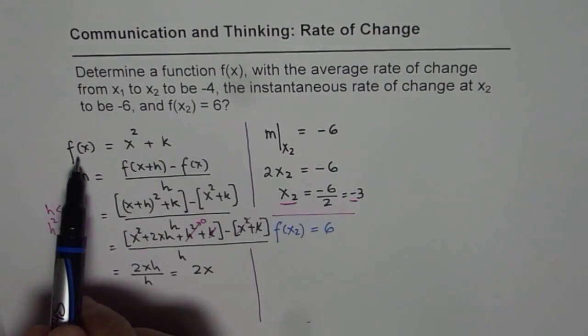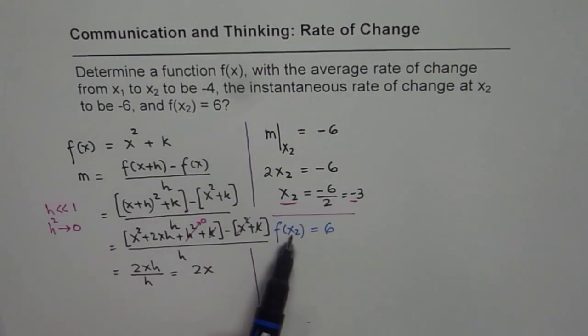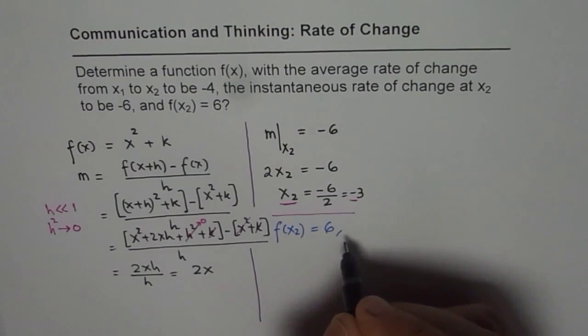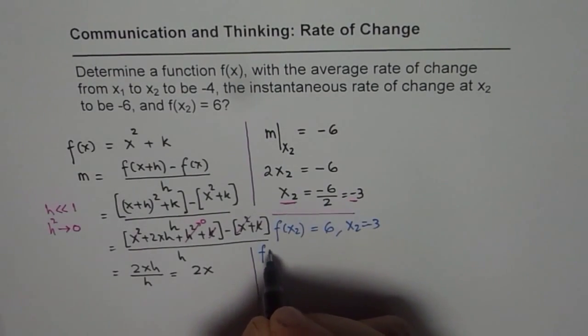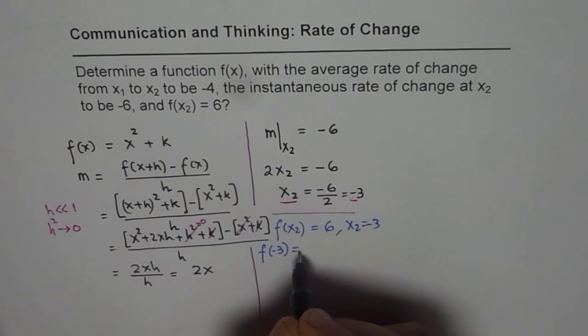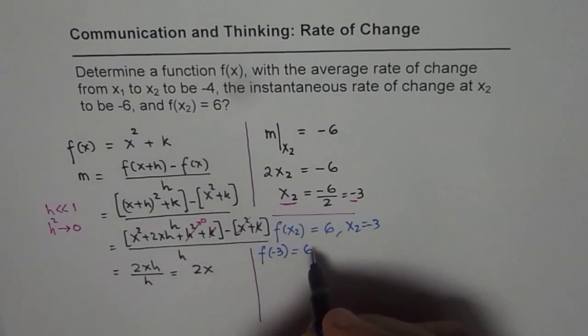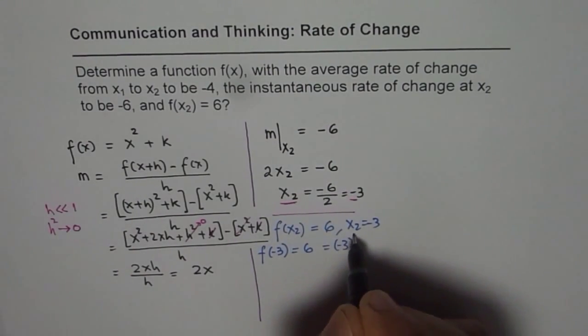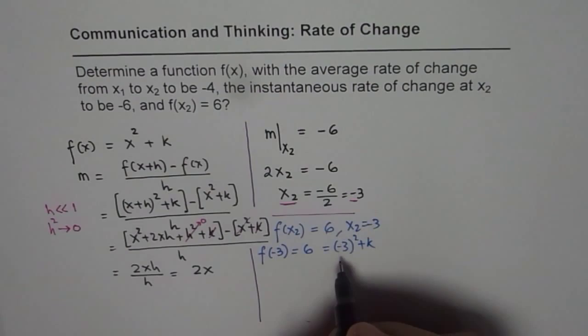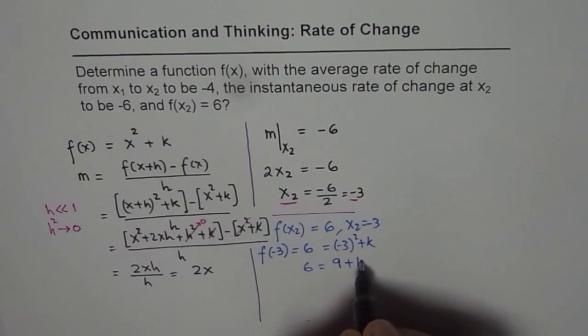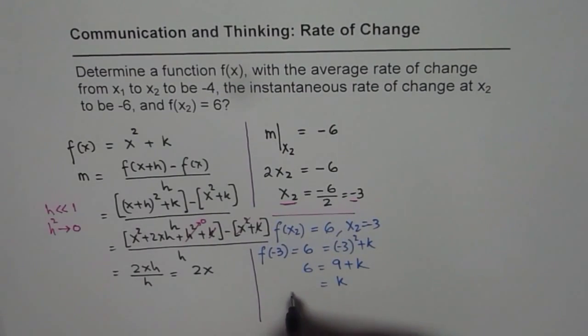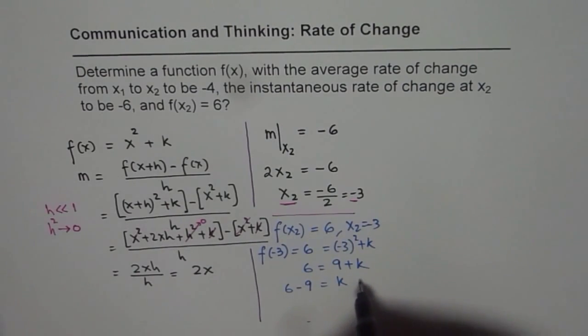The function is x squared plus k, and x2 is minus 3, we just found. So f of minus 3 is equal to 6. If I substitute minus 3 here, I get minus 3 squared plus k, which is 6 equals 9 plus k, or k equals 6 minus 9. That gives us k equals minus 3.